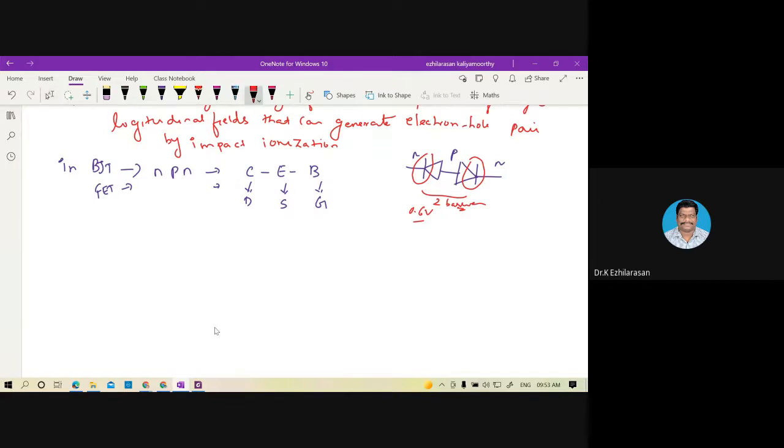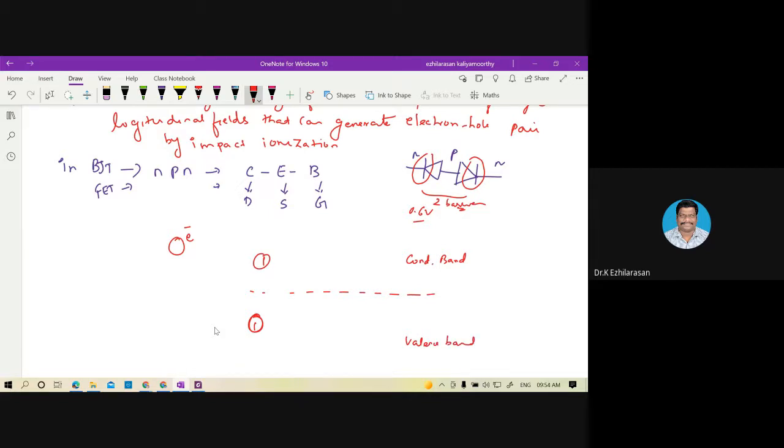I'll show the diagram. See, this is your electron. Here we are having the electron hole, for example. I can say this will be your conduction band, and this is your valence band.